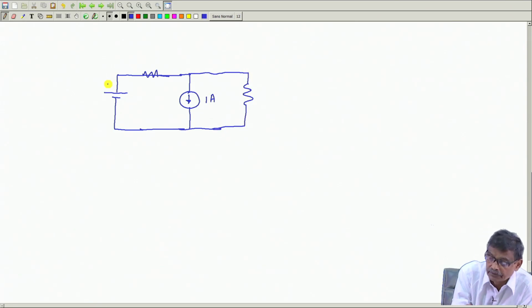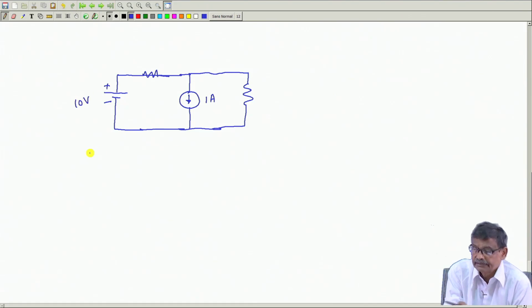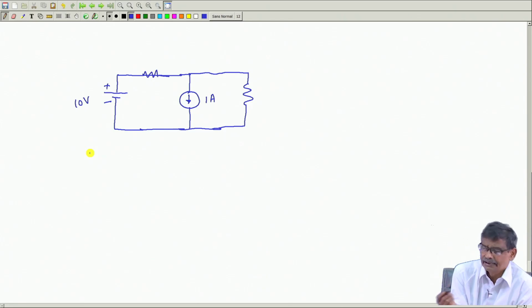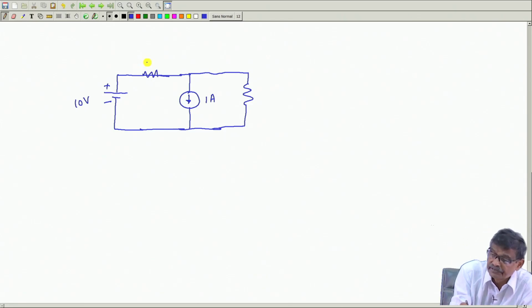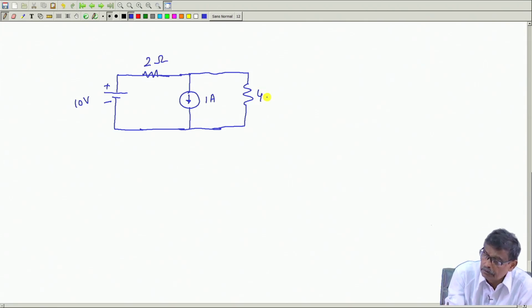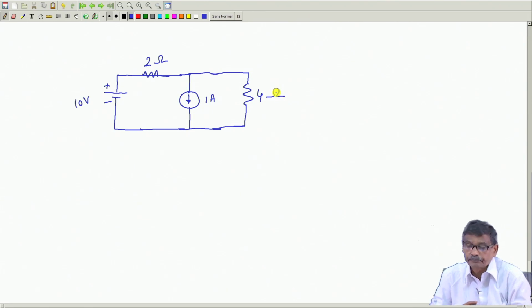I want to find out the current in various parts of this circuit. Let us take a simple example, say this is 2 ohm and this is 4 ohm, like this.